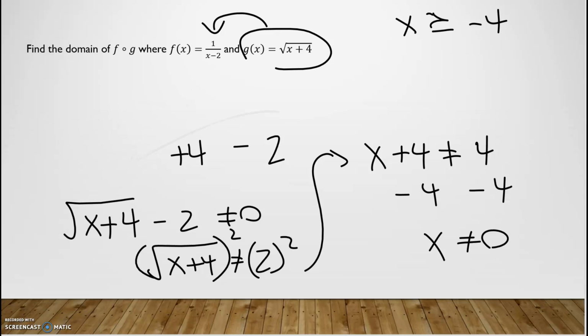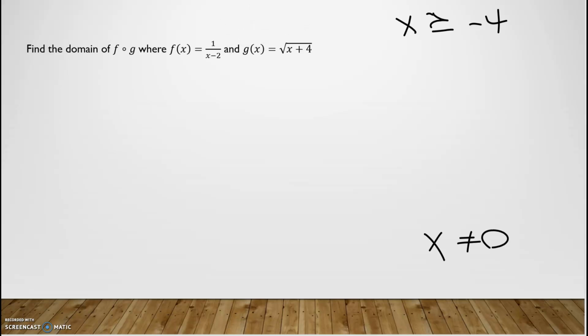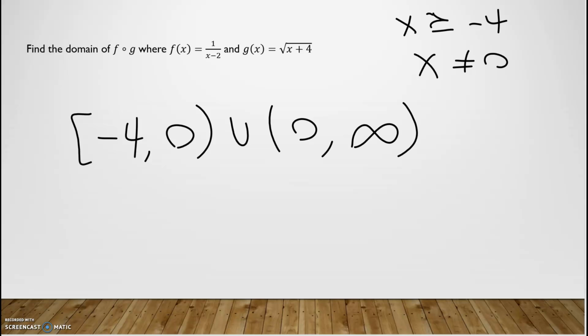Okay, so put those two together. x can be greater than or equal to -4, and x cannot be equal to 0. So let's write that up here. If we're going to write that in interval notation, we can start at -4 but go up to 0, union that with 0 to infinity.